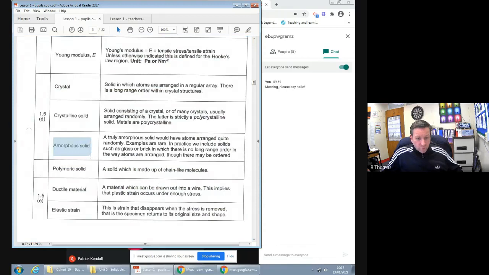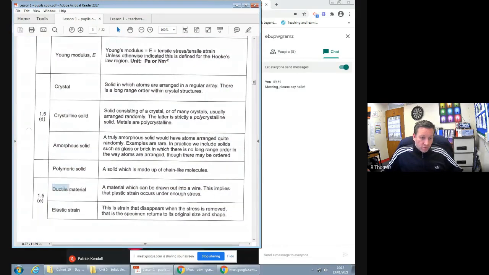We have discussed amorphous solids, given the example of glass and the term brittle, and a polymeric solid, which is your plate of spaghetti, your rubber, your plastic, that can be initially stretched, and as long as you don't reach a certain breaking point, will go back to that plate of spaghetti.